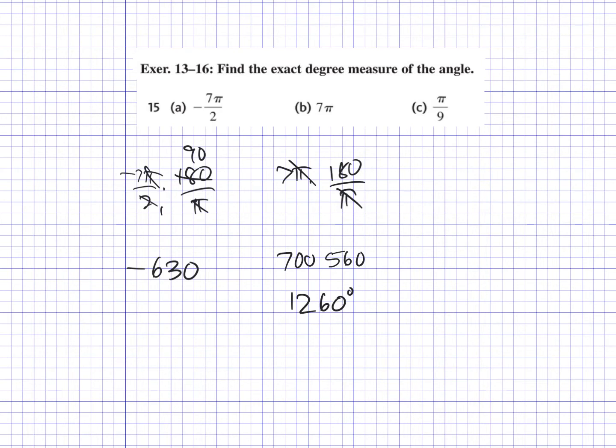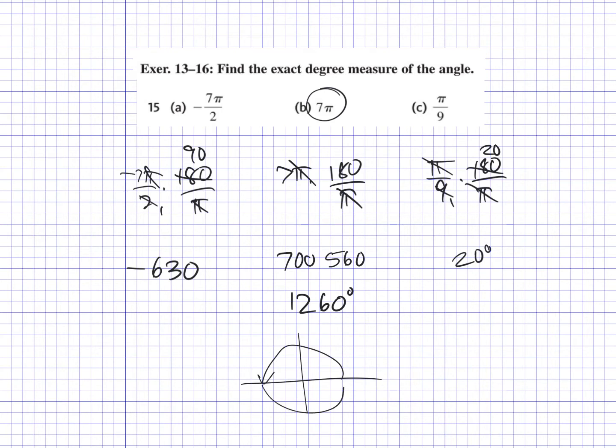All right. Now, pi over 9. That's going to be 20 degrees. Let me just show you something real quickly with the 7 pi. That's 1 pi, 2 pi, 3 pi, 4 pi, 5 pi, 6 pi, 7 pi.